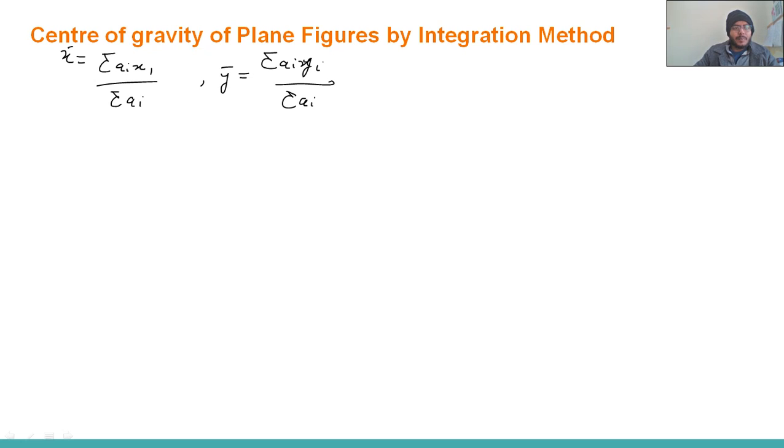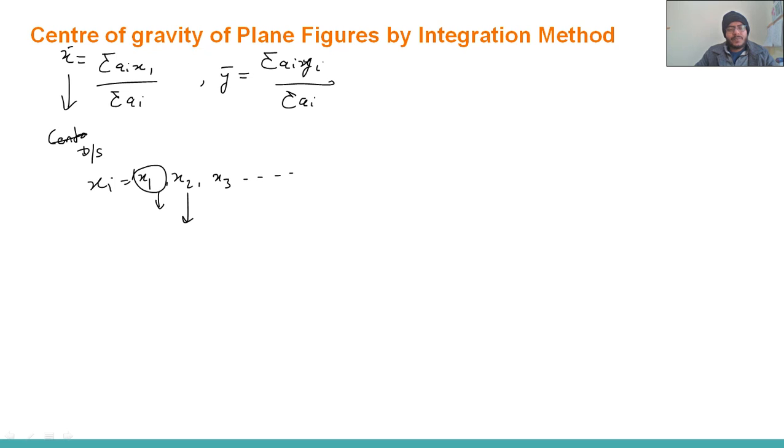So there x bar is the centroid, the distance of centroid of whole area from the y-axis. Where xi, that is x1, x2, x3, x4, and so on. For example, x1 is the distance of centroid of first segment, whose area is a1, from the y-axis.